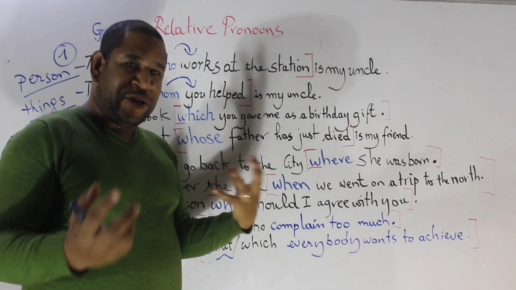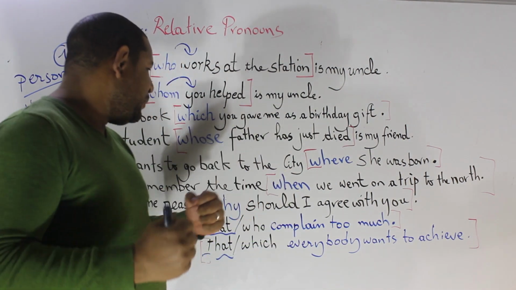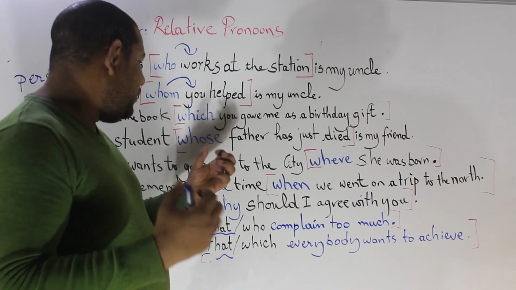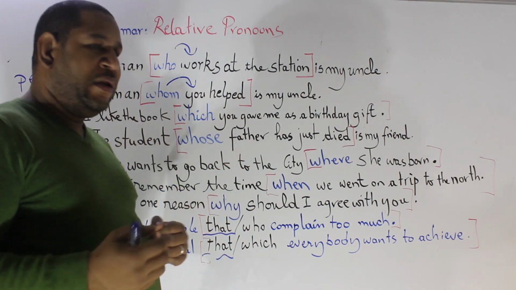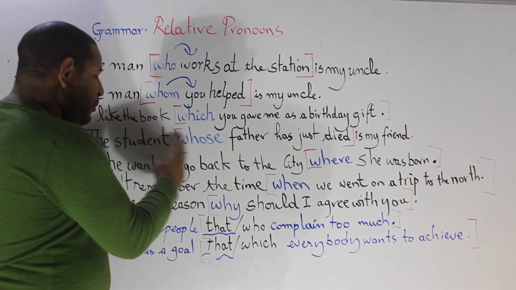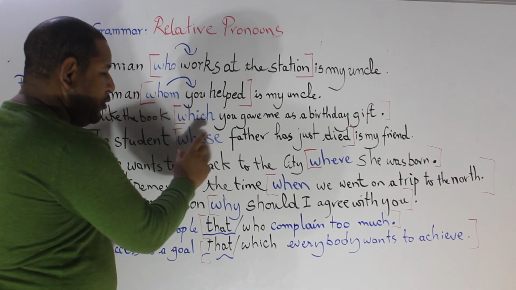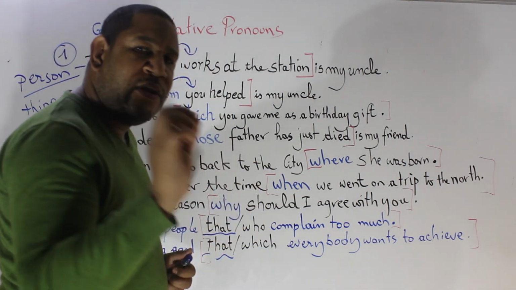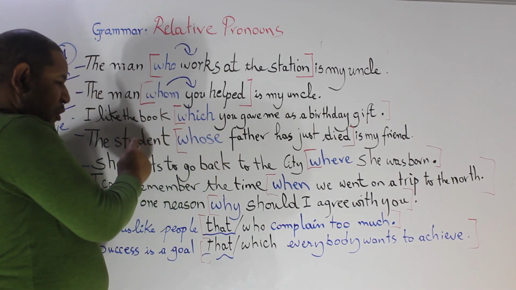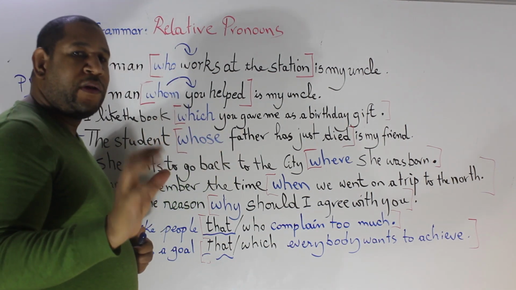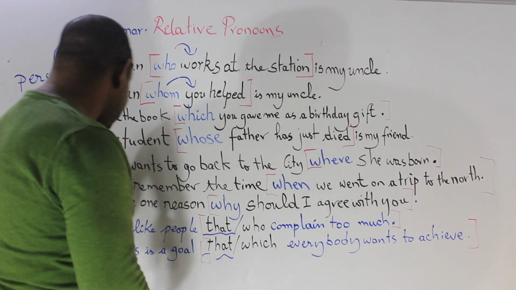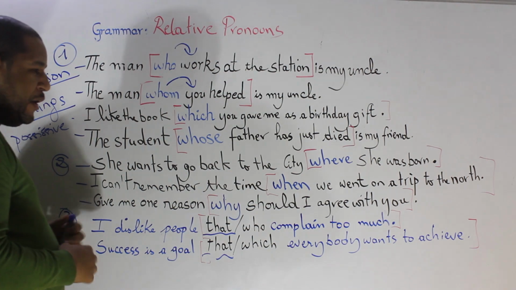When we have this relationship of possessive, between one noun and another, or pronoun and noun, etc. So the student whose father, in order to know if it is possessive, just do the simple idea. Father of the student, if it is correct, then it's possessive. If it's not, it's not possessive.